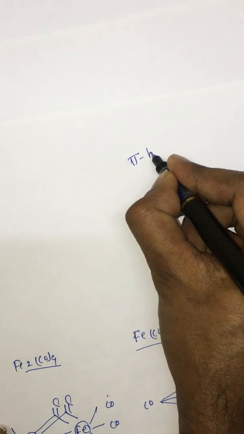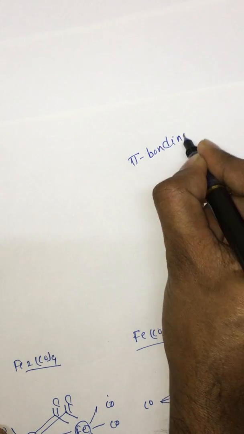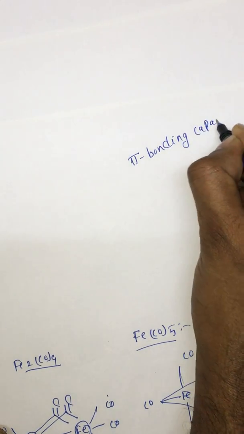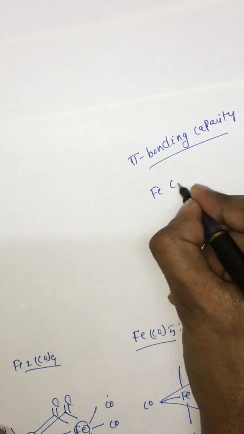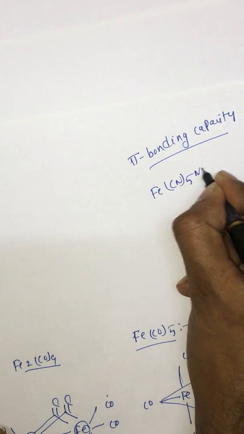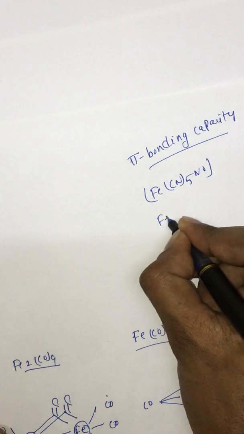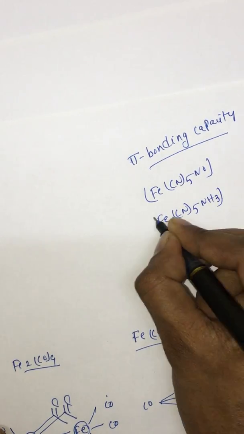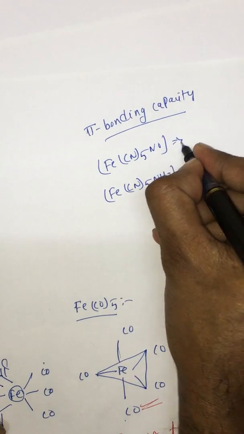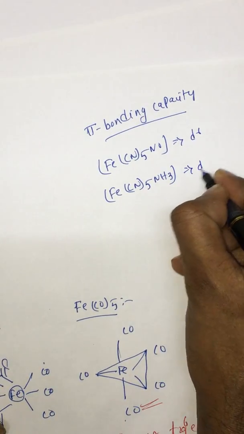And Mossbauer can also explain pi bonding capacity. We have two complexes, [Fe(CN)5NO] and [Fe(CN)5NH3]. In both cases it is d6 only.